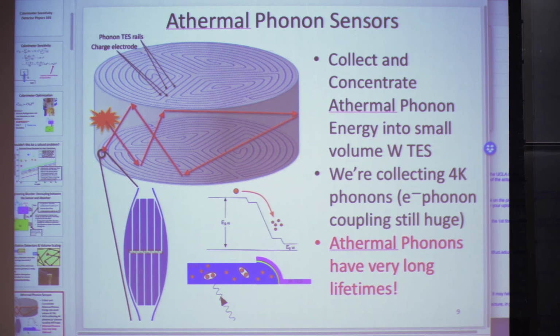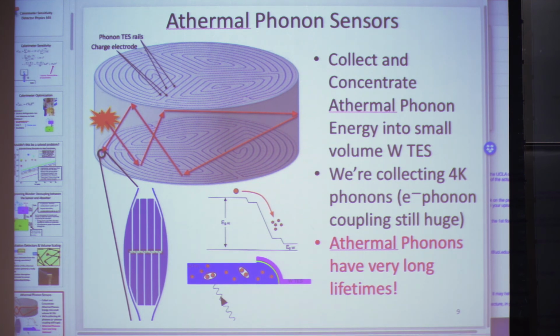And here is the basic idea that we're going to follow. I have a dark matter particle come in. It hits my germanium or my crystal. It produces a bunch of athermal phonons and athermal vibrations. Now those vibrations start to thermalize and downconvert, going to lower and lower energy.